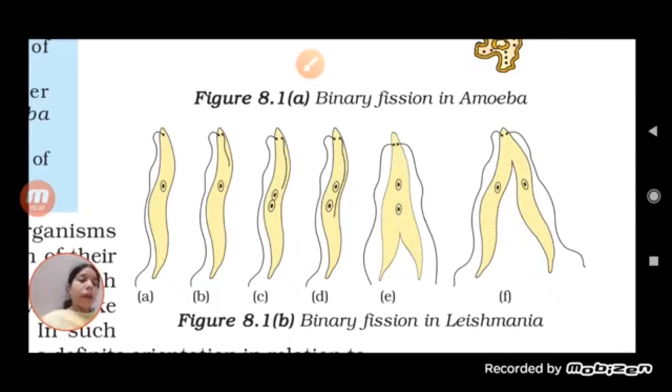Again the two daughter cells formed by the parent cell will grow and develop, and when they become fully mature, they will again show the process of binary fission. So this is binary fission, students.